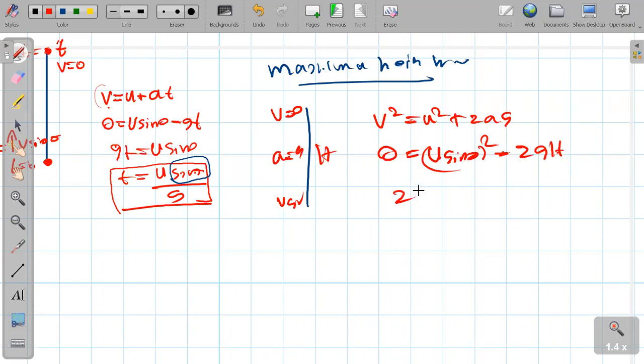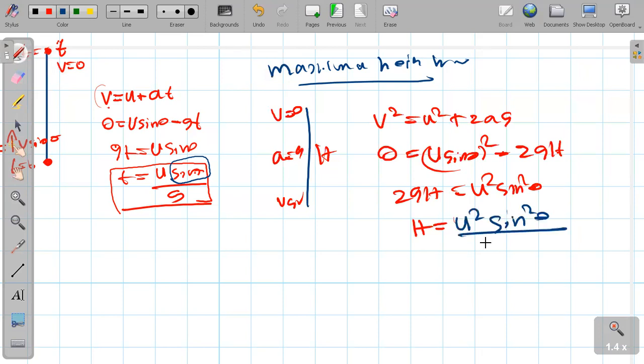So 2gh equals u squared sin squared theta. h equals u squared sin squared theta over 2g.